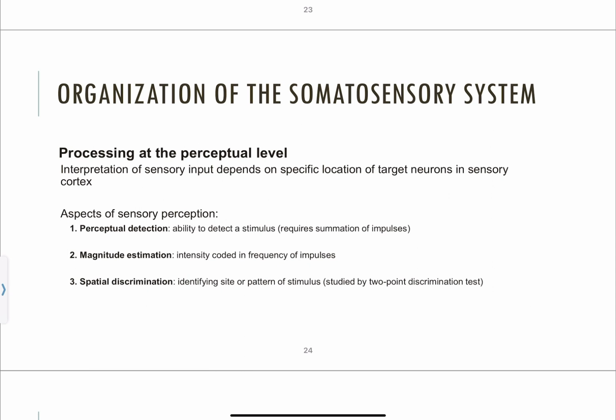Spatial discrimination is another one, and that's identifying the site or pattern of a stimulus. A lot of times this is studied by a 2-point discrimination test, which is your ability to determine how close 2 points on the skin can be while still being perceived as 2 points instead of one.